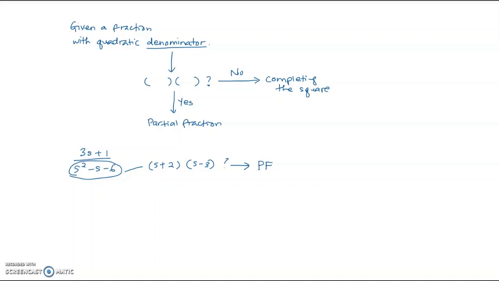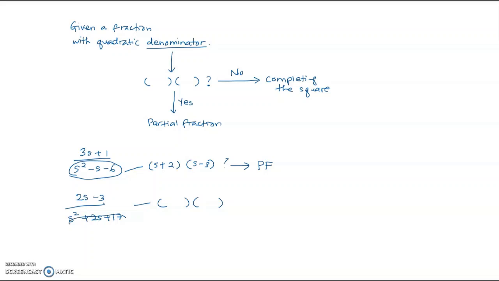In another example, let's say the fraction that you have is 2s minus 3 over s squared plus 2s plus 17. This one, you cannot factorize into bracket times bracket.